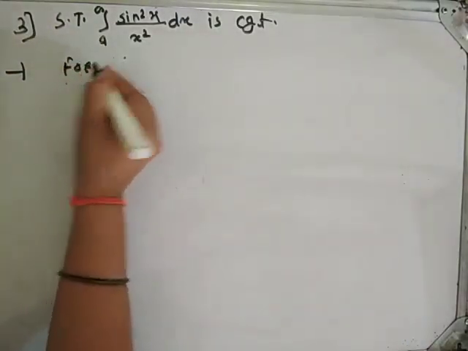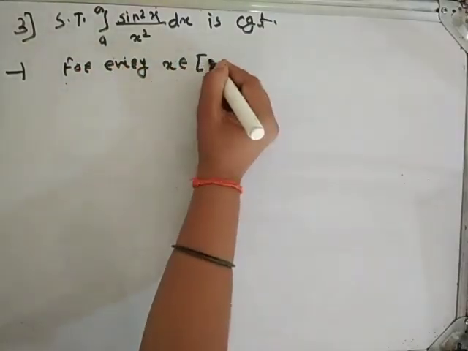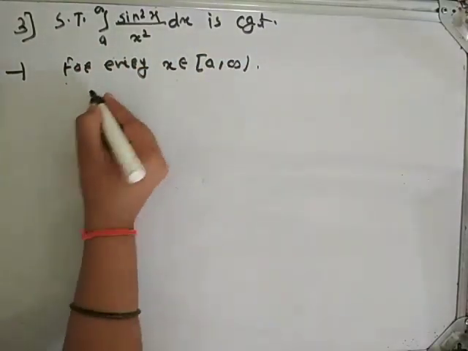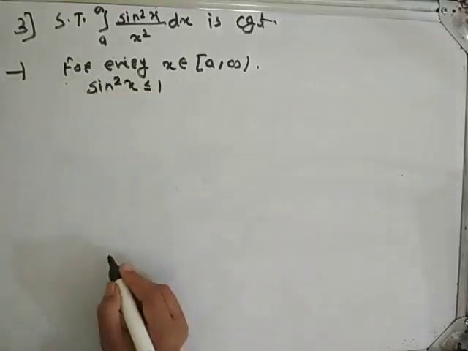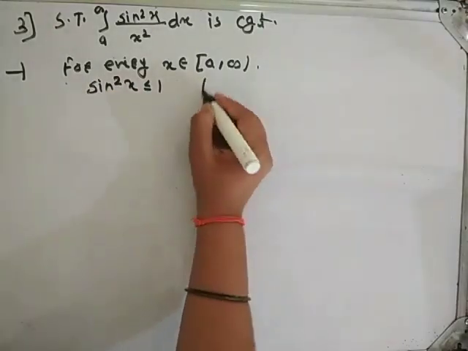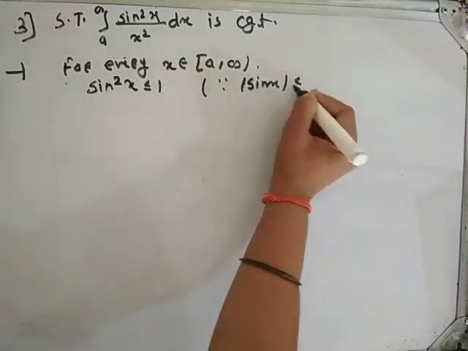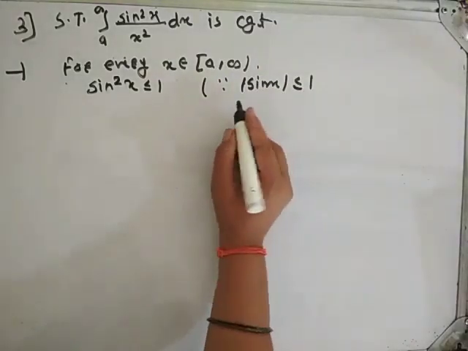For every x belongs to the interval closed at a, open at infinity, sin square x is less than or equal to 1. Actually, sin x is less than or equal to 1. Why is this? Since the mod of sin x is always less than or equal to 1.